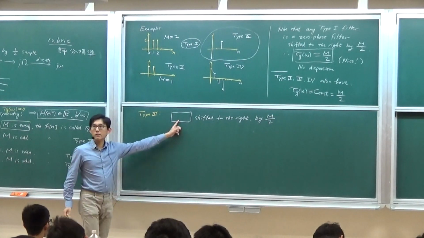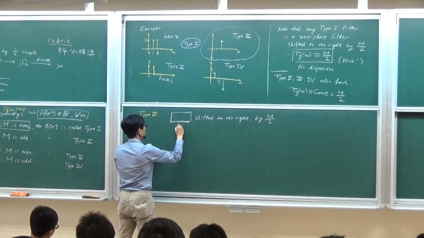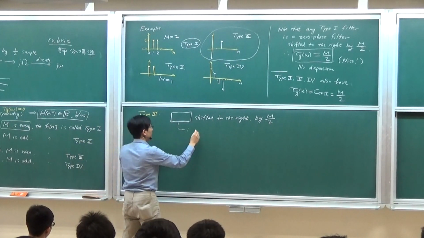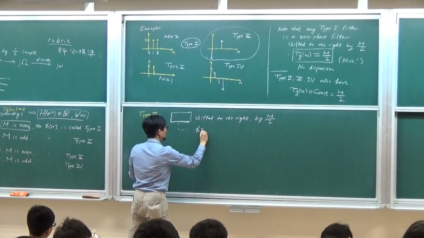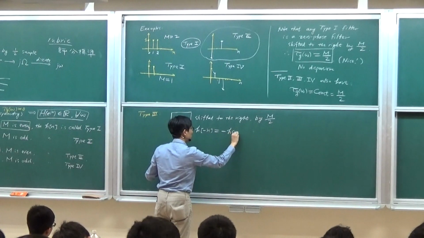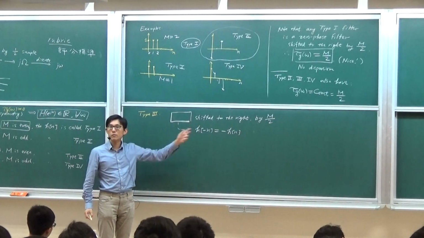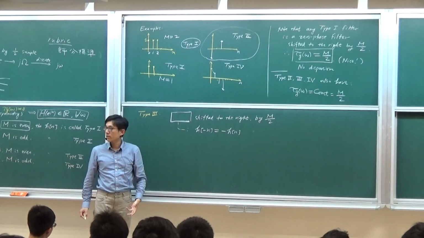And that thing has an anti-symmetry around time 0, with this property: h of minus n equals minus h of n. So type 3 is the result of this kind of system shifted to the right by N divided by 2. Can we agree on that?